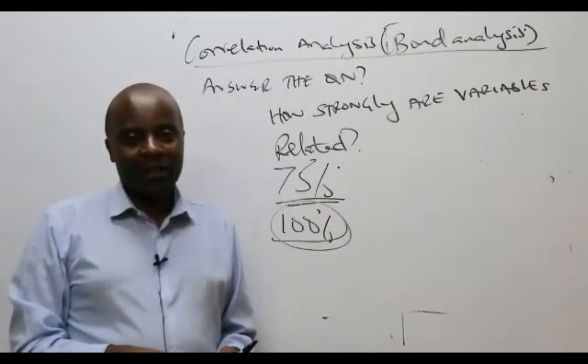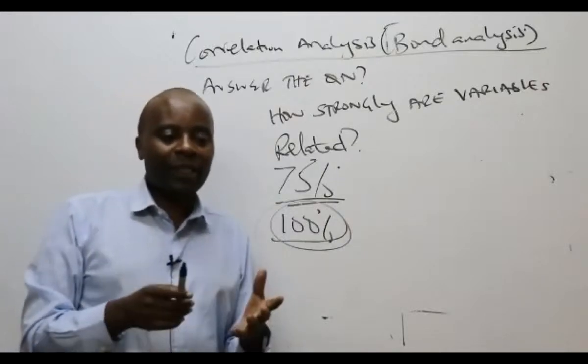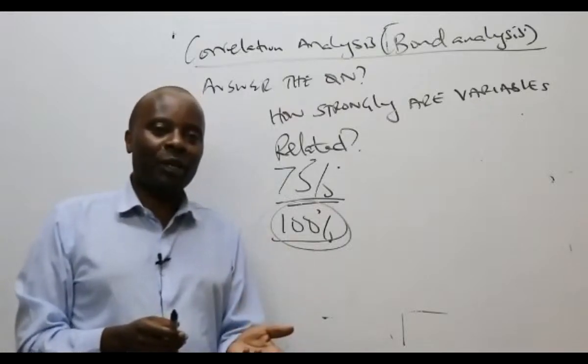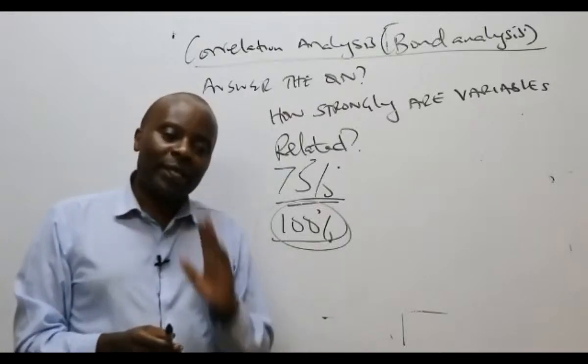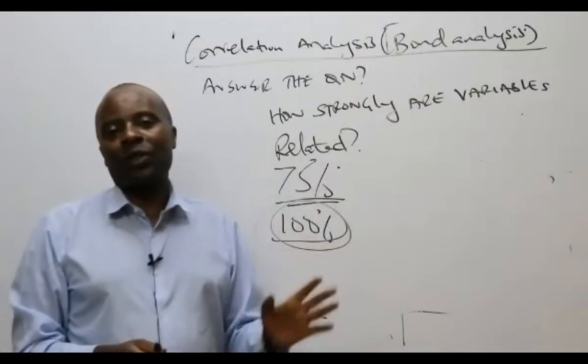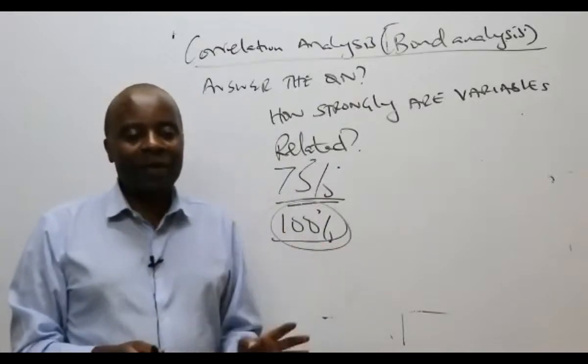That is what we call perfect models, which in this case here can never exist.